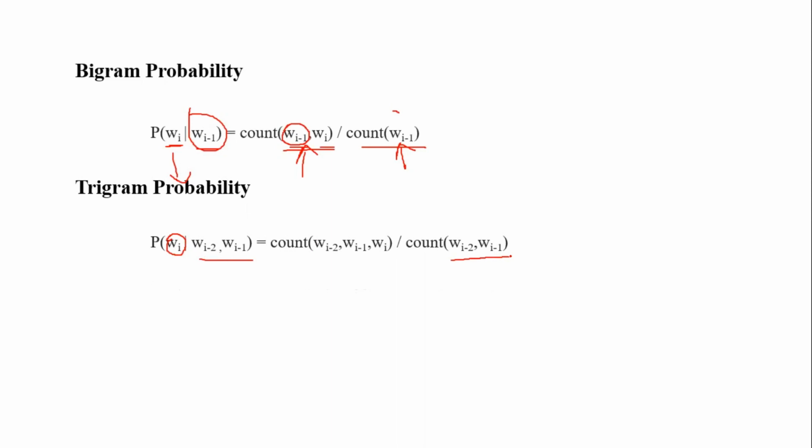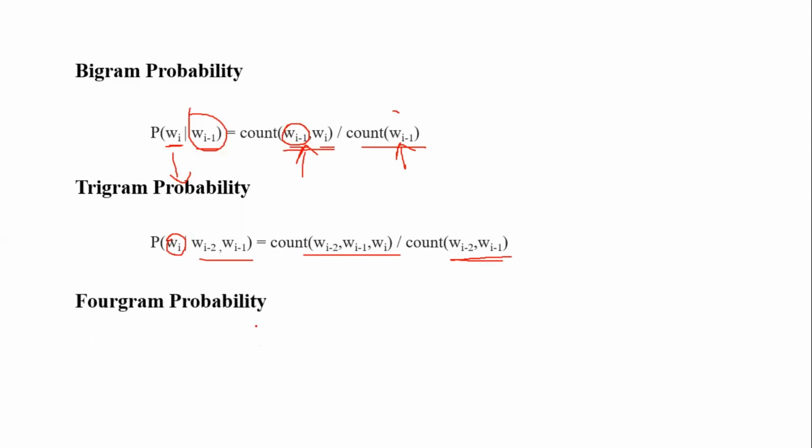So check how many times these two words occurred in the corpus, and divide by the number of times these three words occurred consecutively. These three are consecutive words, and these two words are already given, that means the previous words. Based on this, you need to find out Wi.